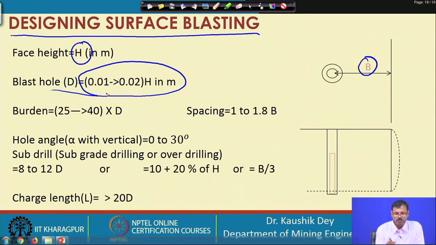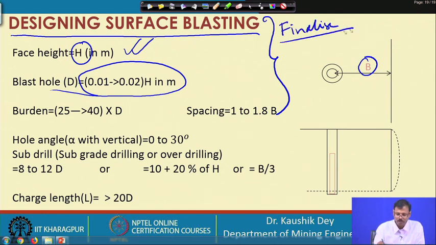So, in this first concept we start with the bench height or the face height. Before going into the detail, let me clear one first thing. Always a blast design has to be finalized from the trial blast experiment.